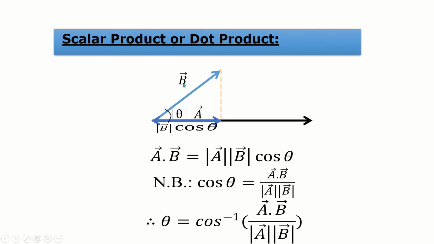When we write a small case letter, the vector symbol is denoted under the alphabet. Therefore, theta is equal to cos inverse of this. So, by using this formula, we can find the angle between these two vectors. Okay, clear?